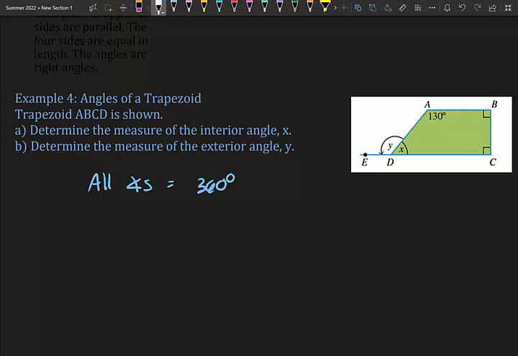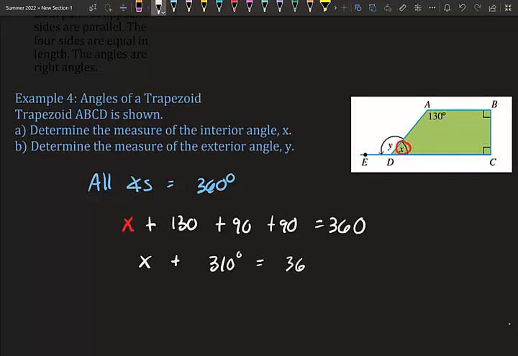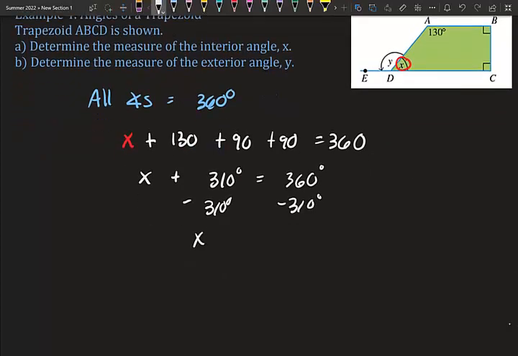So all the angles we have, the one we're trying to find, X, plus 130, and we have two 90-degree angles, so plus 90, and it's going to equal 360 degrees. So let's add up all our numbers. So we have X plus 310 equals 360. Subtract 310 degrees to get X by itself. And we get X equals 50 degrees. That means this is 50 degrees.